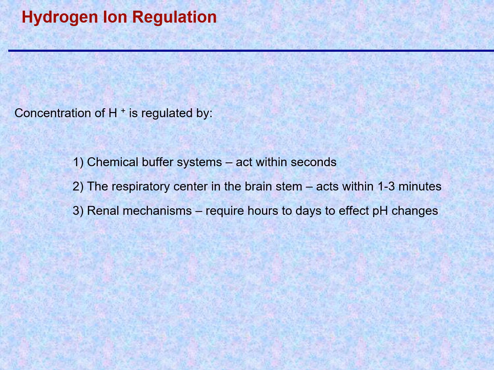Proteins will change their shape under different pH conditions. So if you move outside of the physiological range of 7.35 to 7.45, you will get changes in the shape of enzymes, and a shape change will change the activity.